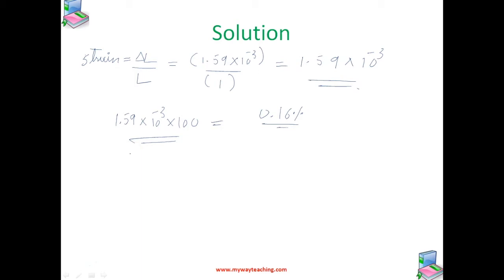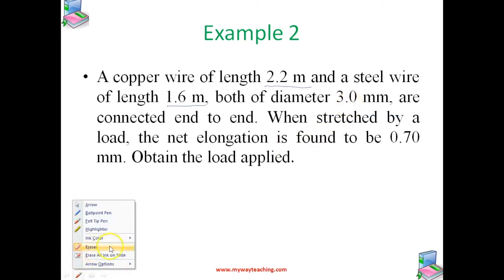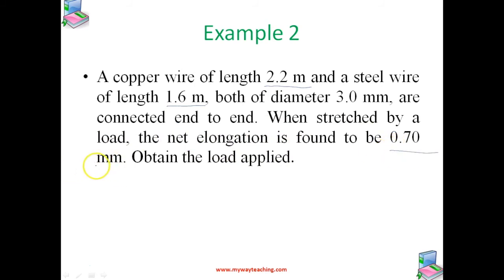Now let us move to the next problem. A copper wire of length 2.2 meter and a steel wire of length 1.6 meter, both of diameter 3 mm, are connected end to end. When stretched by a load, the net elongation is found to be 0.70 mm.